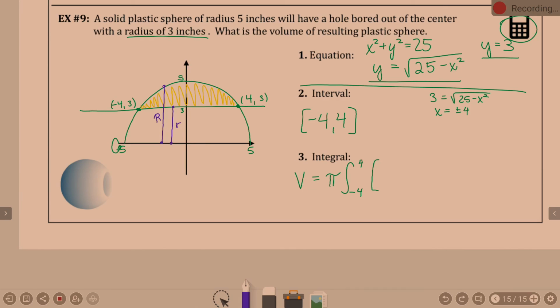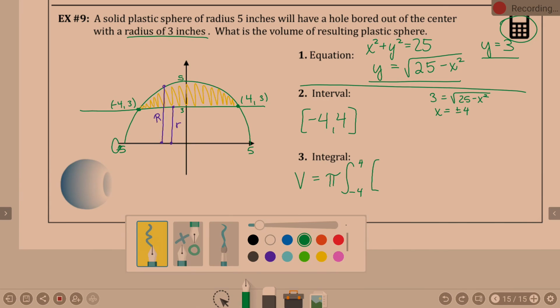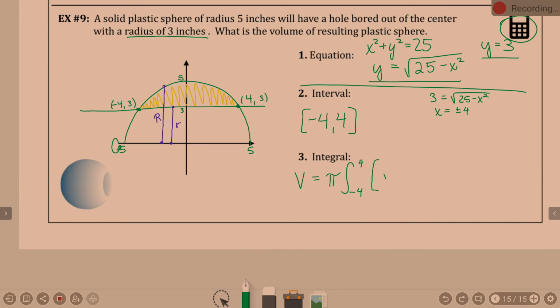Big R is going to be the square root of 25 minus x squared, quantity squared, minus, what am I using for little r?